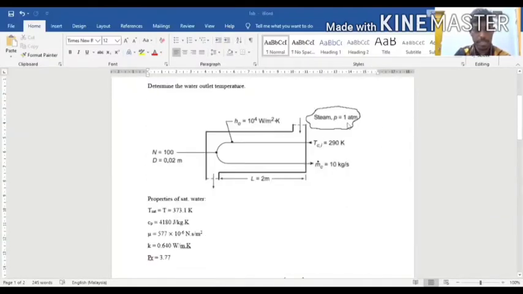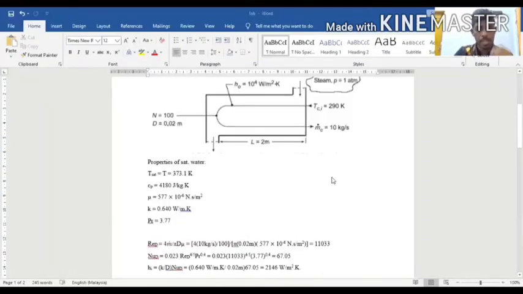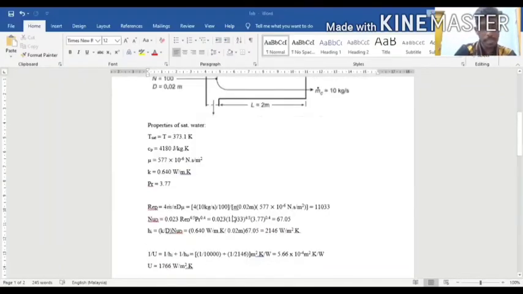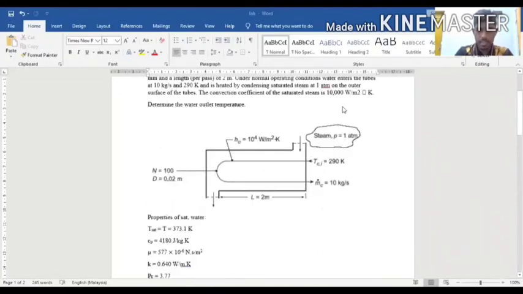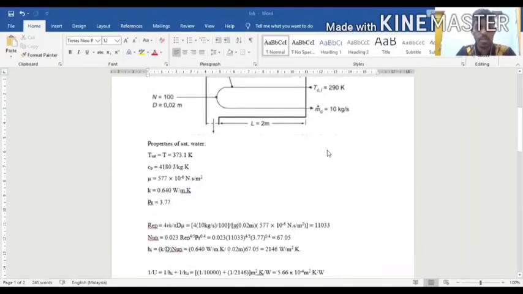Here's the schematic diagram following the previous problem, and here are the properties of the fluid. Here both fluids are the same, so even in the shell and the tube, the fluid has the same properties. First we need to find the coefficient of convection of the tube. So we first calculate the Reynolds number of the tube, then we calculate the Nusselt number.